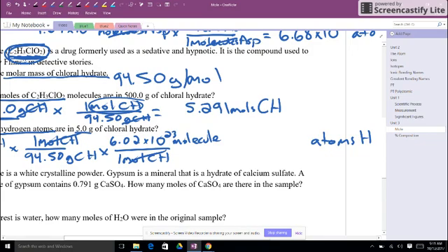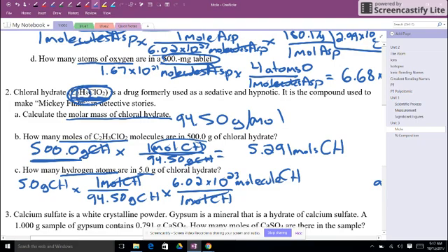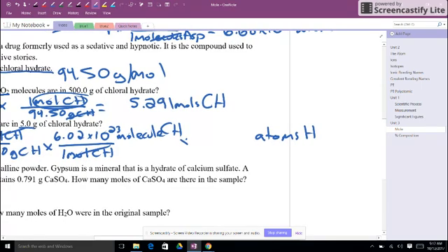Okay, now we're trying to go from molecules of chloral hydrate to atoms of hydrogen. This is where we need to inspect that formula a little more closely and notice that there are 3 atoms of hydrogen for every one of these molecules. So 1 molecule of chloral hydrate has 3 atoms of hydrogen in it.